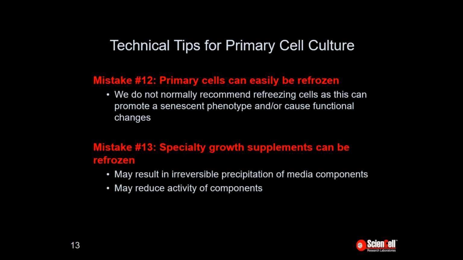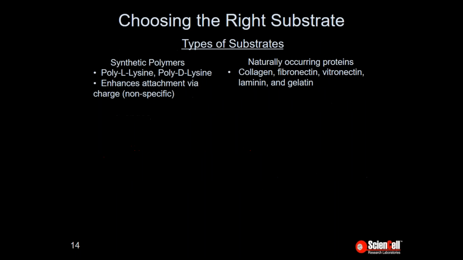Lastly, it is also important to remember that growth supplements, which contain growth factors and hormones, should not be refrozen because it can reduce the activity of the components and cause precipitation. Keeping these technical tips in mind when you are culturing primary cells will promote healthy and robust cells. Ultimately, if you treat your cells carefully, they will perform better in your experiments.